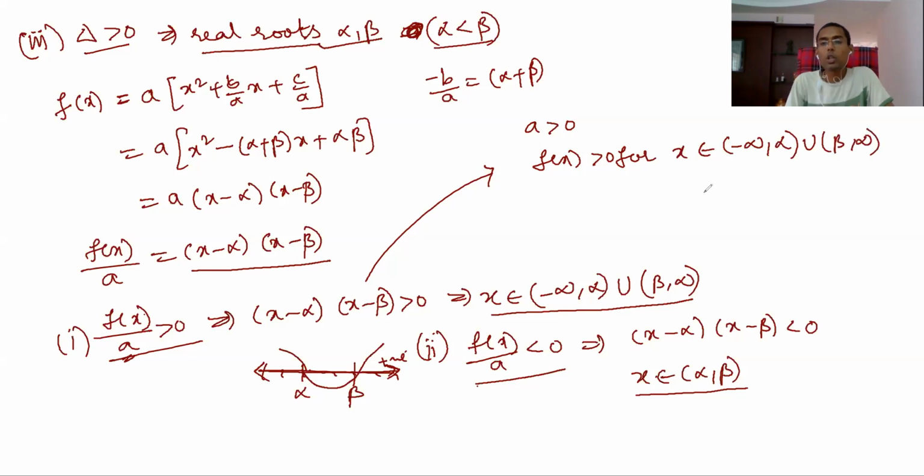In this interval it is going to be positive, right? And f of x is less than 0 for x belongs to alpha to beta. This point, if you understand.